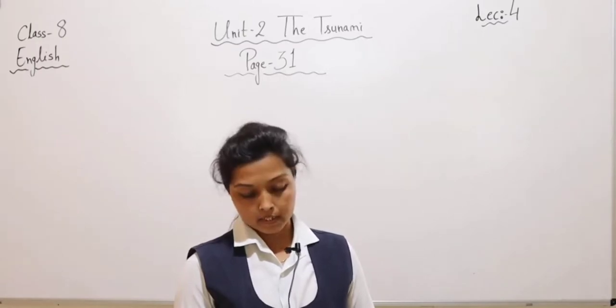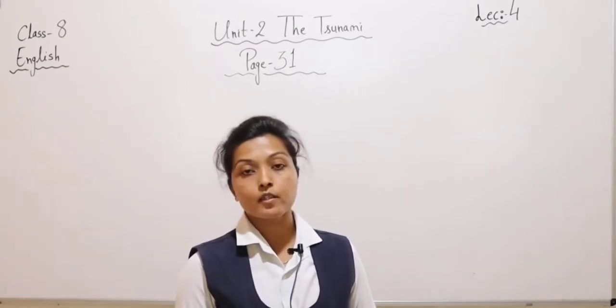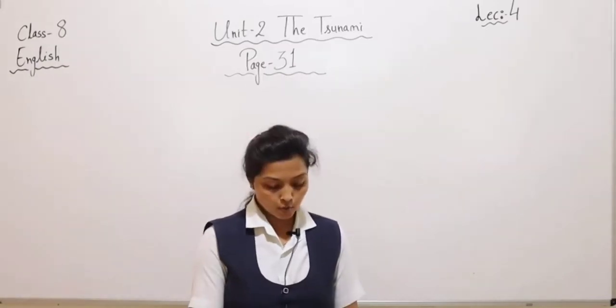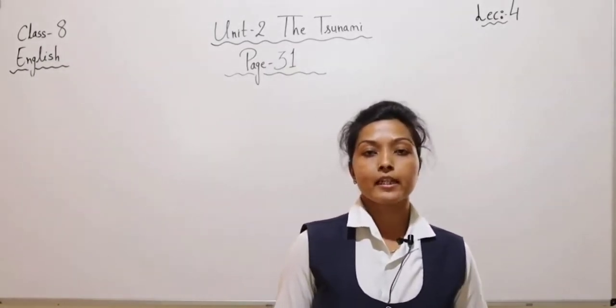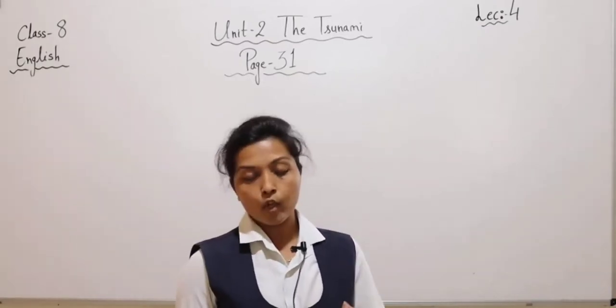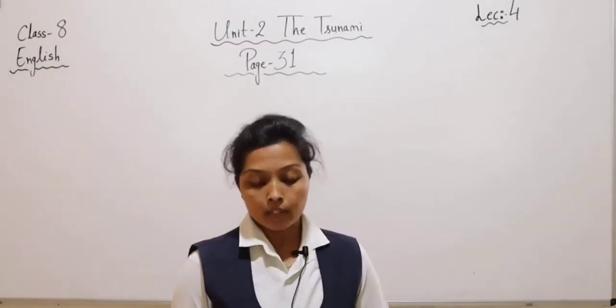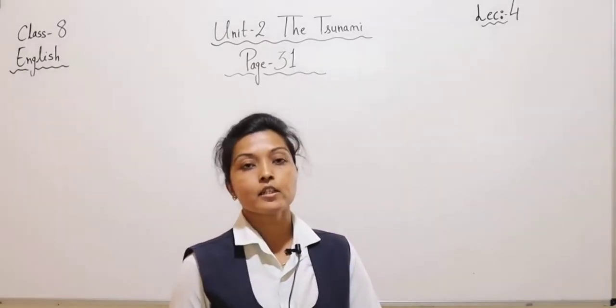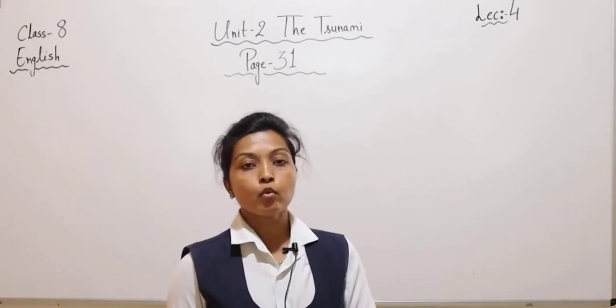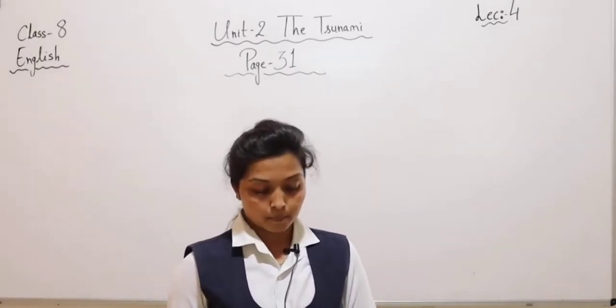In these sentences, the focus is not on the person who does the action. If we read whatever sentences are given in column A, we come to know that in all the sentences the focus is not on the person who does the action. Yes or no?